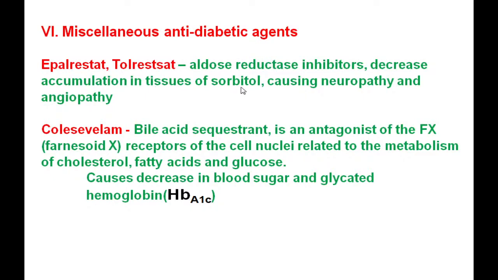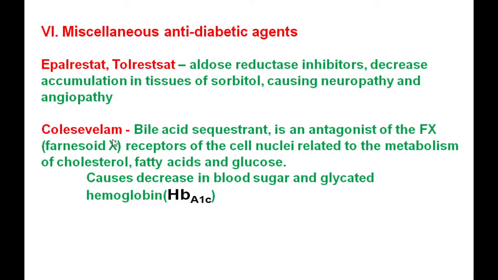Hyperglycemia, an increased level of glucose, promotes an increase of the level of sorbitol, but sorbitol itself provokes neuropathies and angiopathies, the most serious complications of diabetes mellitus. So, usage of aldose reductase inhibitors decreases the level of sorbitol and prevents development of neuropathies and angiopathies.